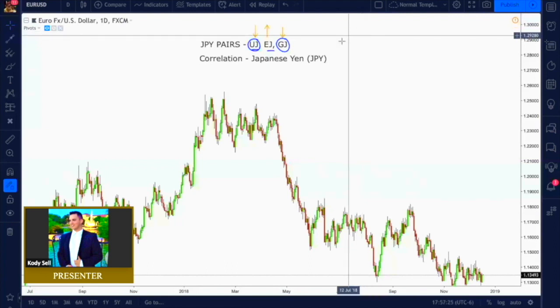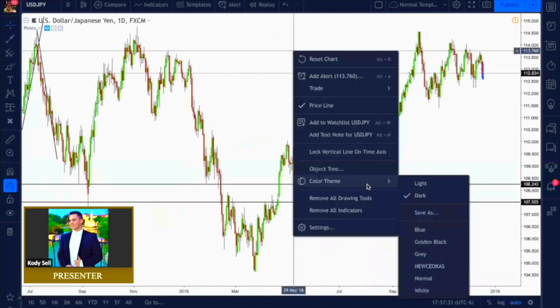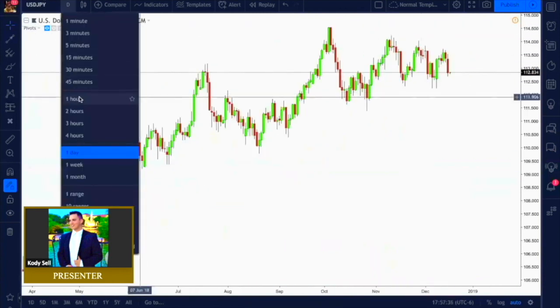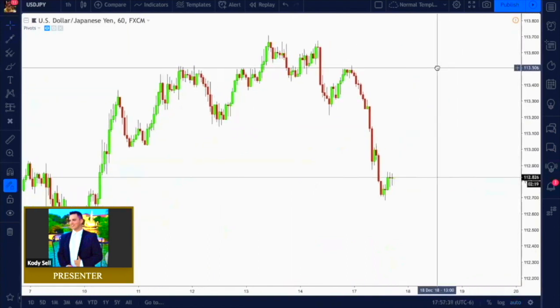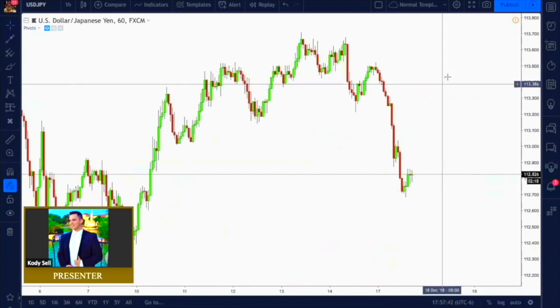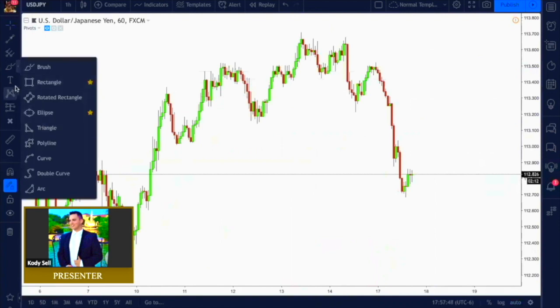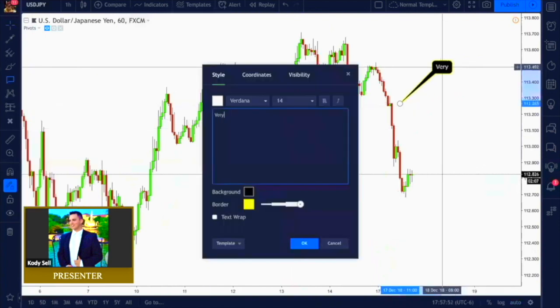All right, so let's take a look at USDJPY. Let me clear all this off here. Let's use the 1 hour time frame for all of our examples in this video. Now when I look at USDJPY on the 1 hour time frame, I'm noticing a very strong downtrend.